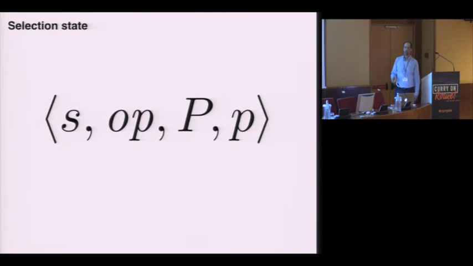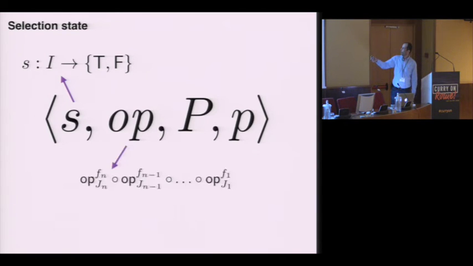Okay. There's a little bit more on the selection state in the program, so that's represented as a tuple where we store everything necessary to operate on the selections. So S is our selection mapping. You can think of this as a non-undoable constant selection space. Op is this composition of these selection operators.